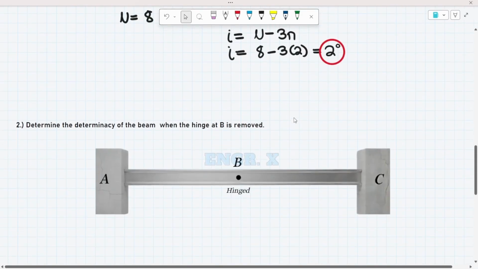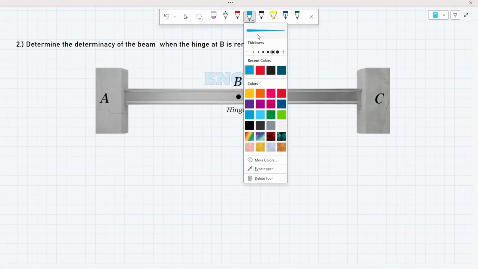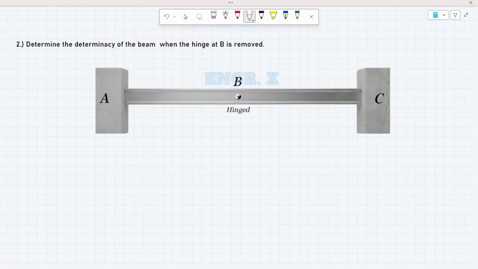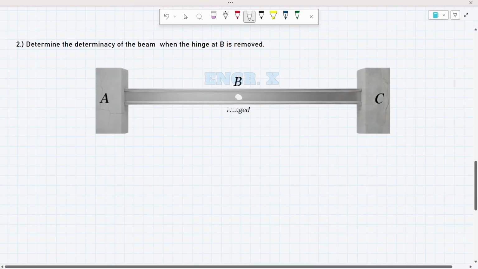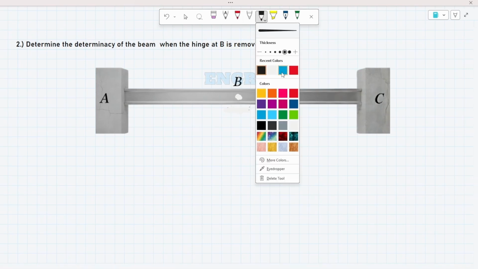Next question. Determine the determinacy of the beam when the hinge at B is removed. So instead of having a hinge here, tatanggalin ito. So wala na to. So ano na yung determinacy ng ating beam?